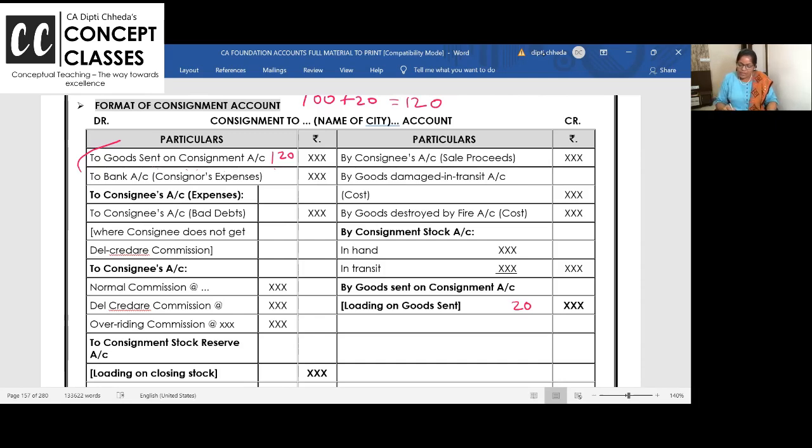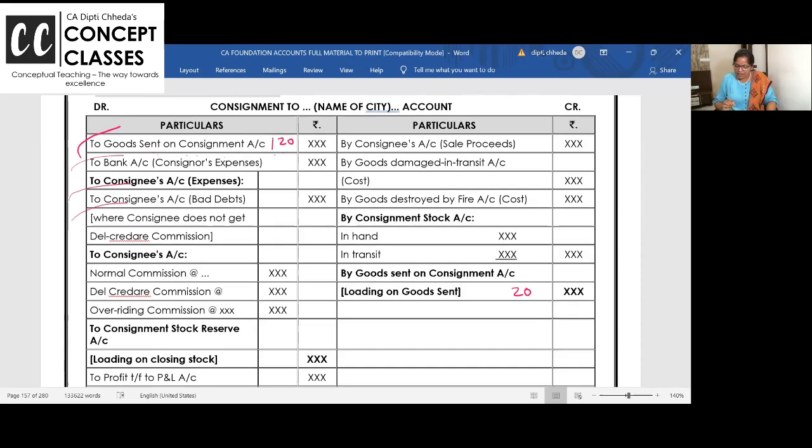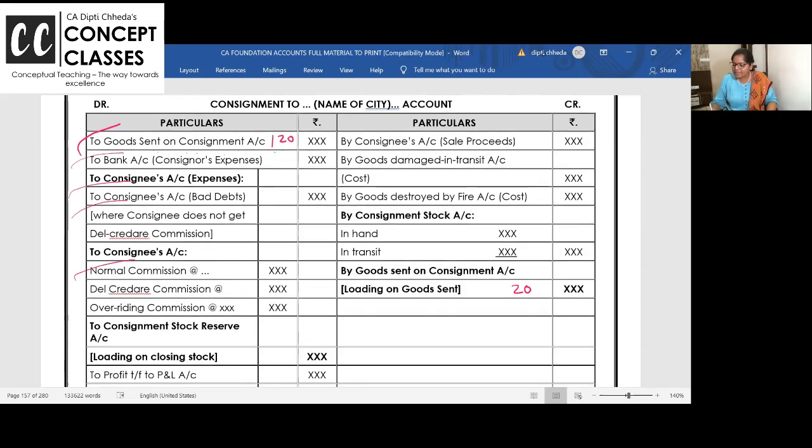Now, consignor's expense to bank, consignee's expense to consignee I have to reimburse, bad debt. If del credere commission is not there, other all the commission, sales, goods damaged, destroyed, closing stock. Now, goods sent are at 120. So I got it, 20 loading reversed.